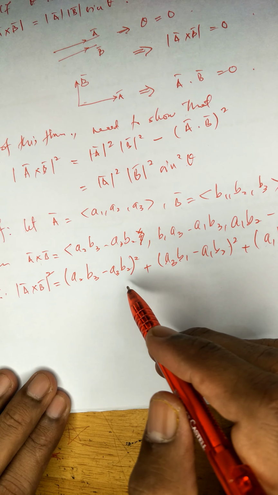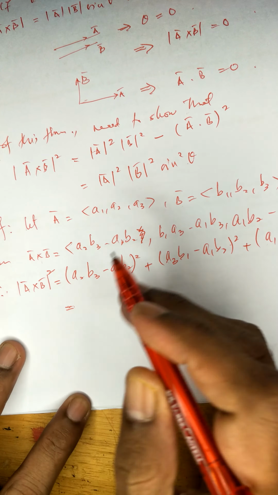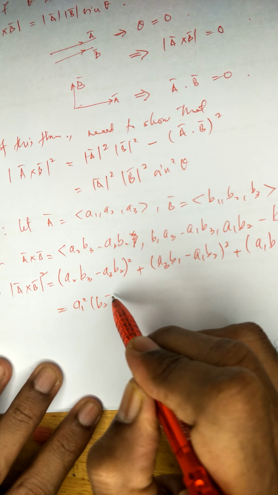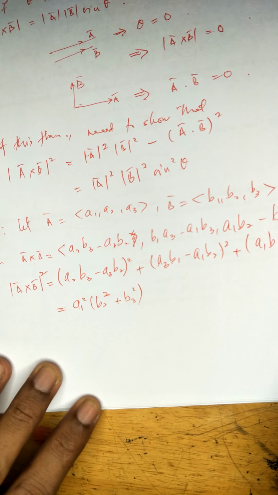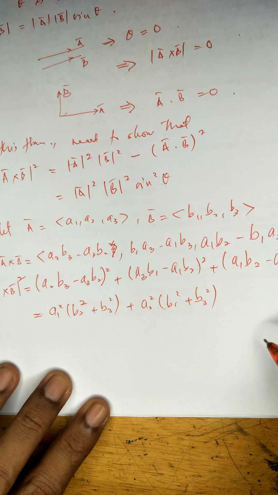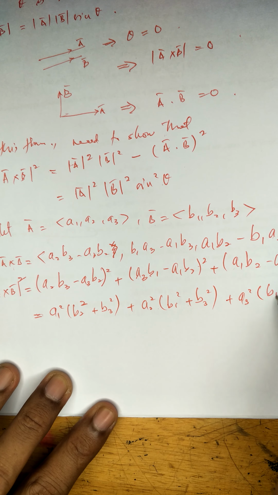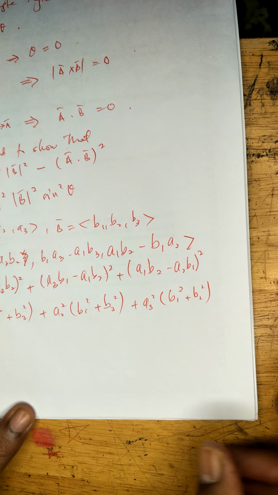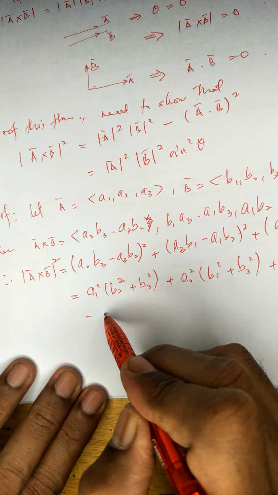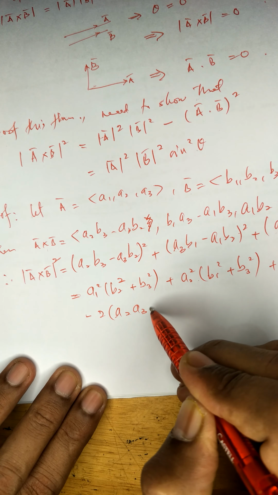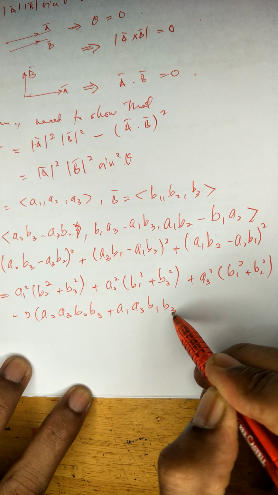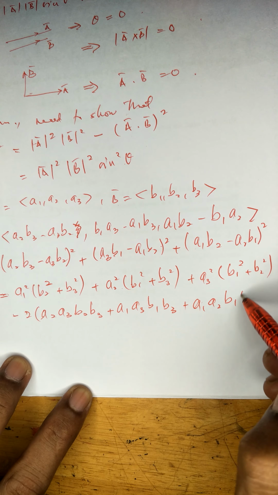What you will find is A1 squared times B2 squared plus B3 squared, plus A2 squared times B1 squared plus B3 squared, plus A3 squared times B1 squared plus B2 squared, minus 2 times a3 b2 b3 plus a1 a3 b1 b3 plus a1 a2 b1 b2.